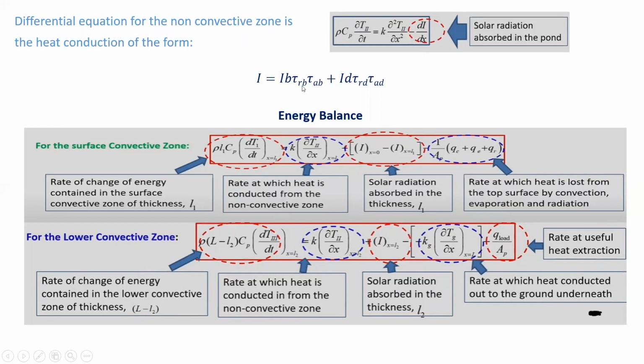The total intensity is equal to IB rB aB plus ID rD aD.